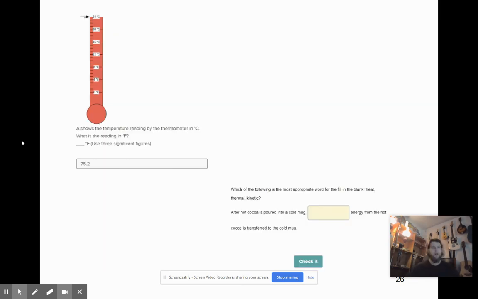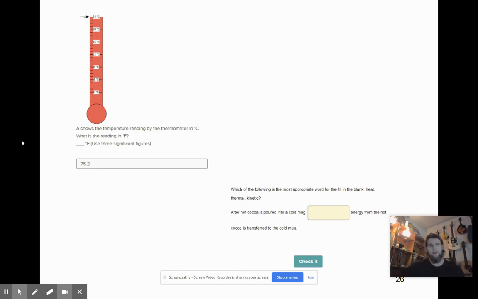All right, so then another one. I picked this one because what they say here is pretty confusing. They say this thermometer shows the temperature in Celsius. So it's right at 24 degrees Celsius. And it says, what is the reading in Fahrenheit? So we just use that same formula, except now you're plugging in what you know for Celsius, and you're sort of reverse engineering your answer to get the answer in Fahrenheit. But the thing here is they say use 3 significant figures.